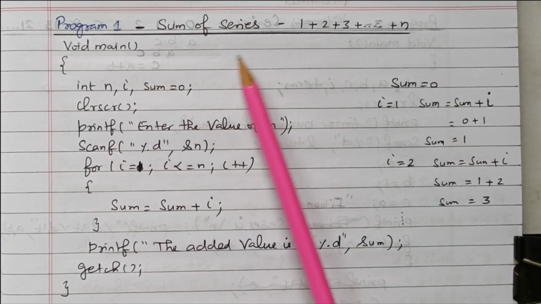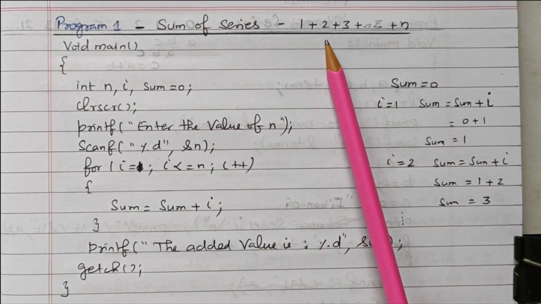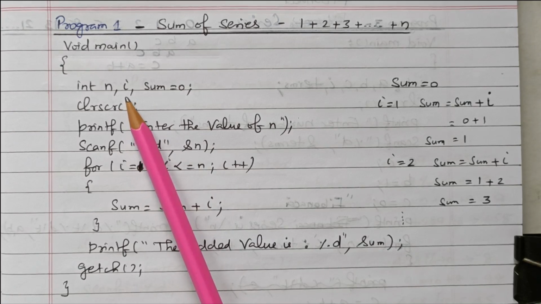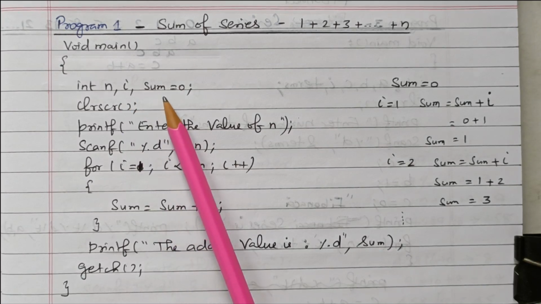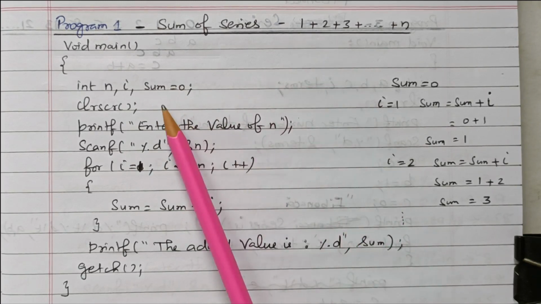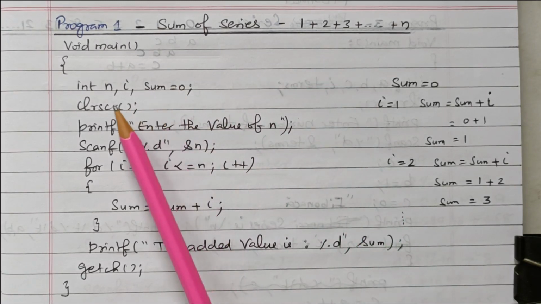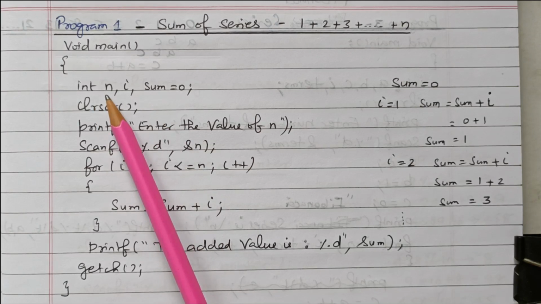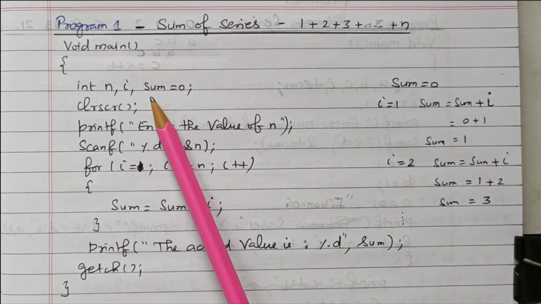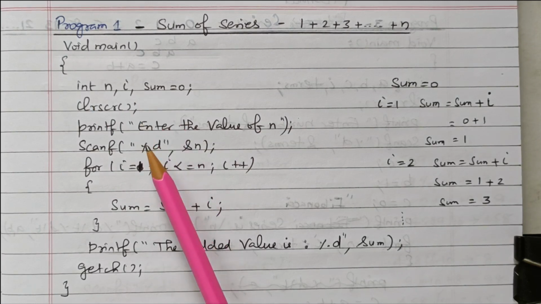This series can be formed by using a for loop. For that we are using the variable i. The final answer, the addition of this series, is stored in sum.